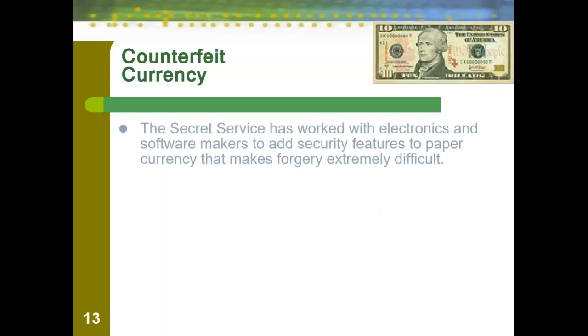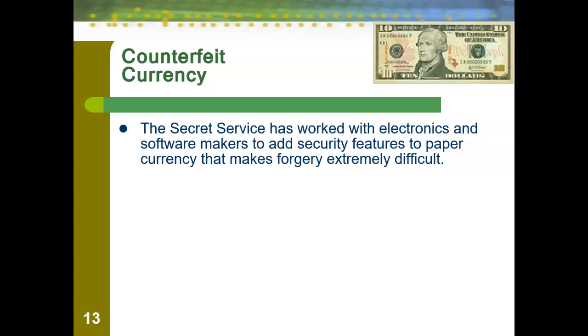So let's talk about counterfeit currency, since that is the most common kind of counterfeiting. In the United States, the Secret Service has worked with electronics and software makers to add features to paper currency that makes forgery extremely difficult. Every so often, it's not super often, but you will notice that we get updated versions of our money, and that's because they've added more security features.